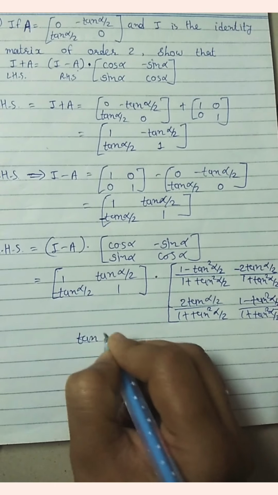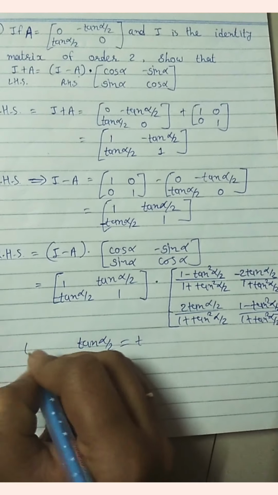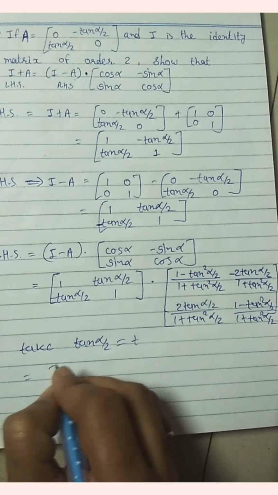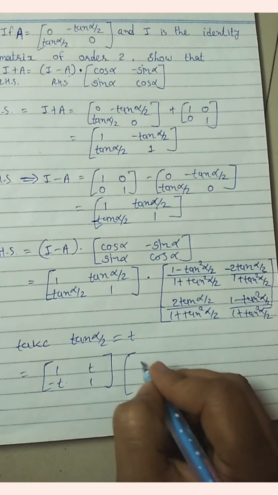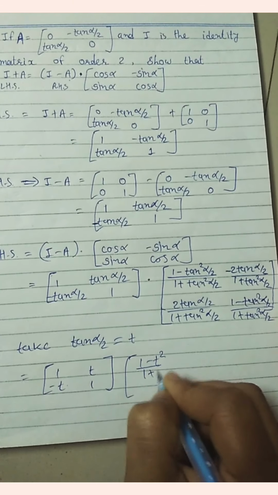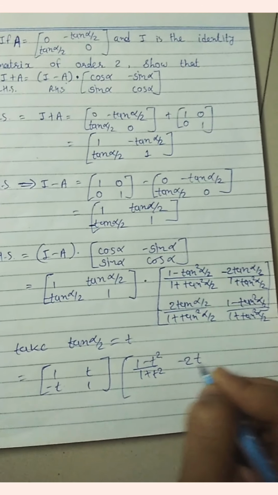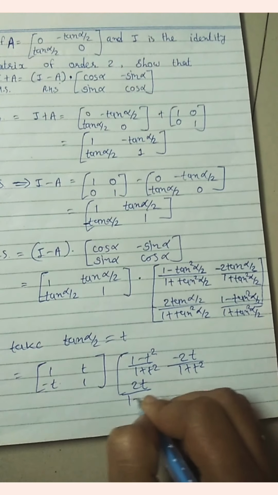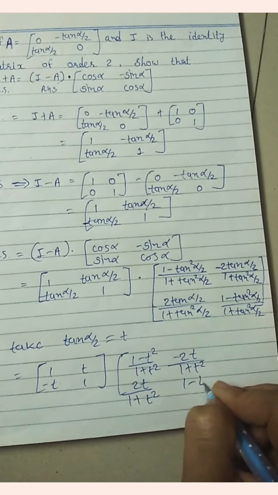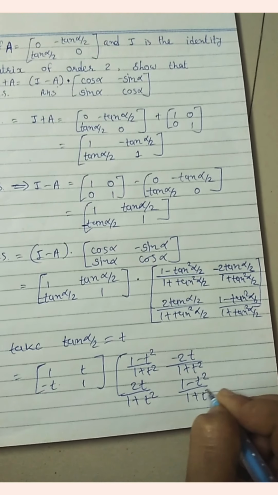So I am assuming that tan alpha by 2 equal to t. Okay, so what I have: 1, t, minus t, 1, here 1 minus t square upon 1 plus t square, minus 2t upon 1 plus t square, 2t upon 1 plus t square, 1 minus t square upon 1 plus t square.